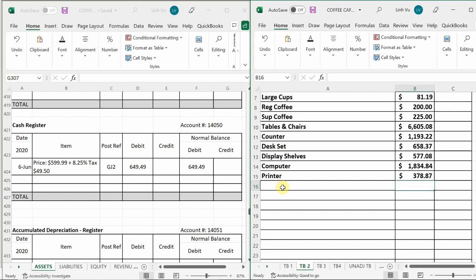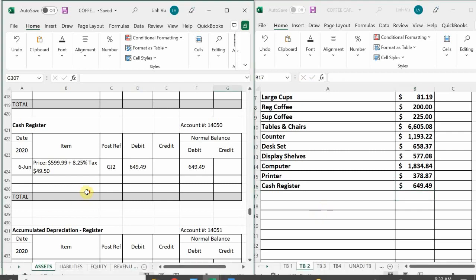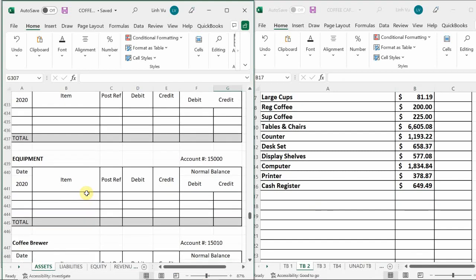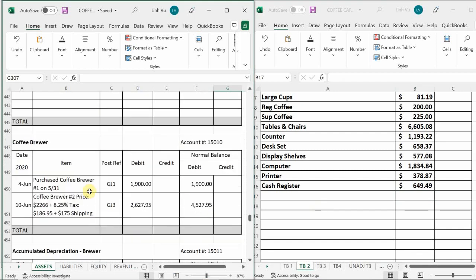Next thing that we have here is a cash register. Okay. For a total of $649.49. Okay. And equipment.